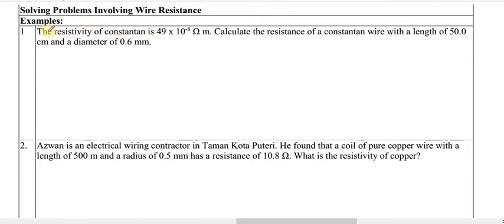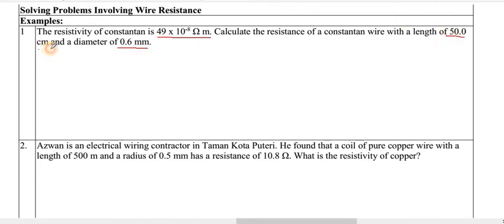Alright, so the first example: the resistivity of constantan is 49 times 10 power by negative 8 ohm meter. Calculate the resistance of a constantan wire with a length of 50 centimeter and a diameter of 0.6 millimeter.